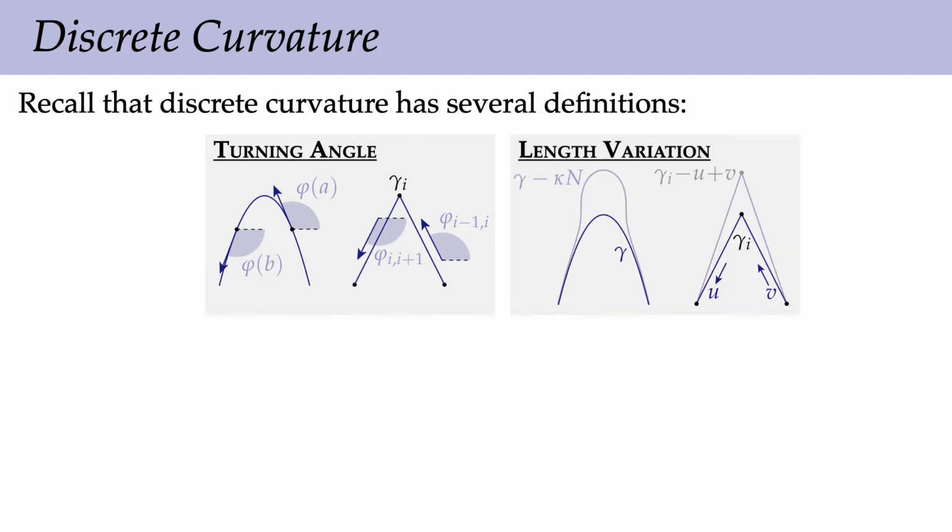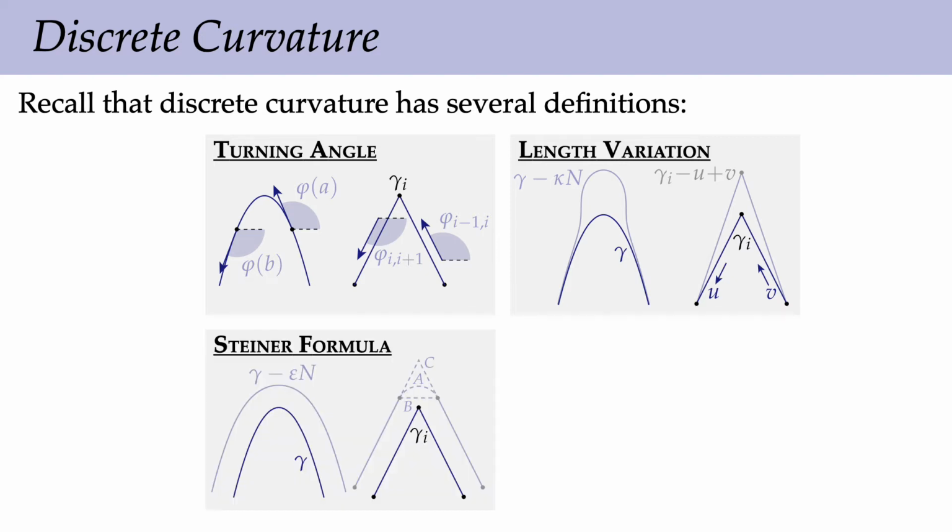We also talked about the length variation. In the smooth setting, if I want to increase the length of a curve as quickly as possible, then I should move it in the normal direction with speed proportional to curvature. In the discrete setting, it's not too hard to talk about the gradient of the sum of all the edge lengths, and that gives us some notion of discrete curvature.